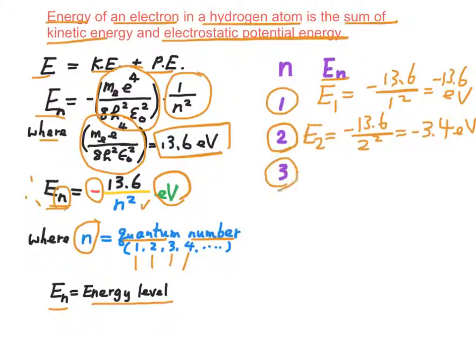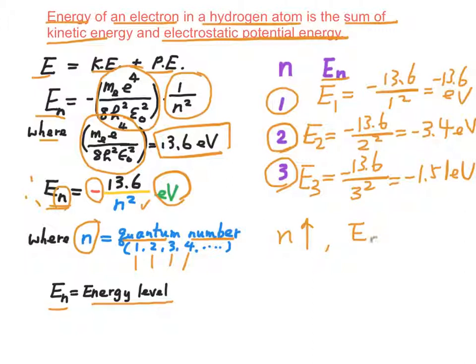And for n equal to 3, we got E3 equal to negative 13.6 over the square of 3, which is equal to negative 1.51 eV. Notice that the greater the quantum number, the greater the value of the energy level.